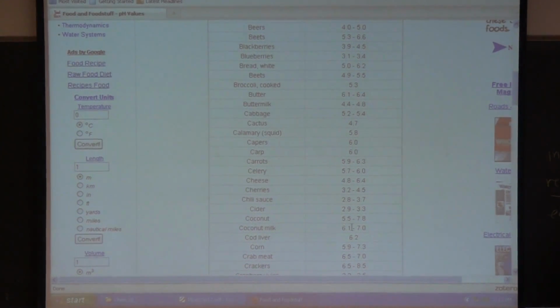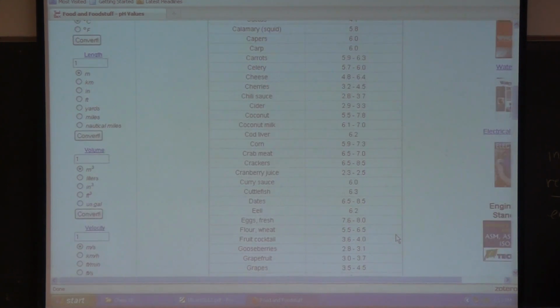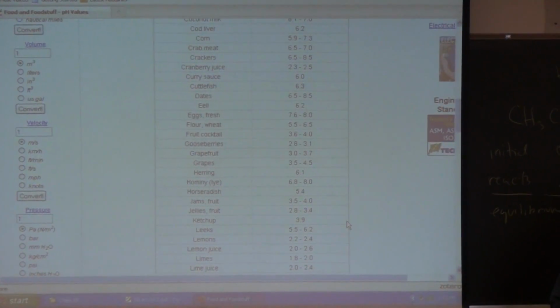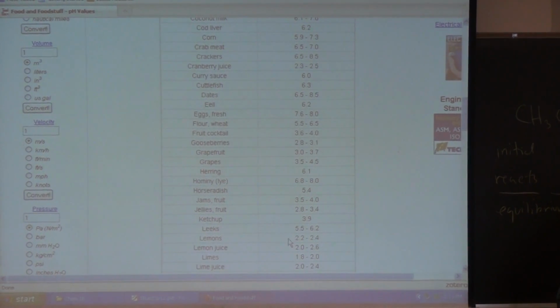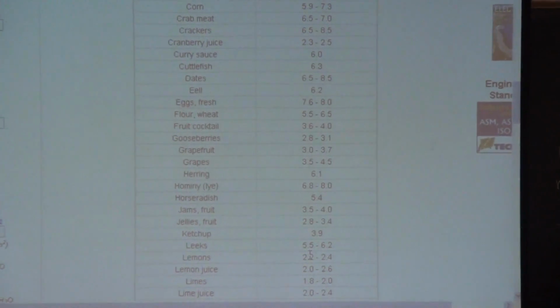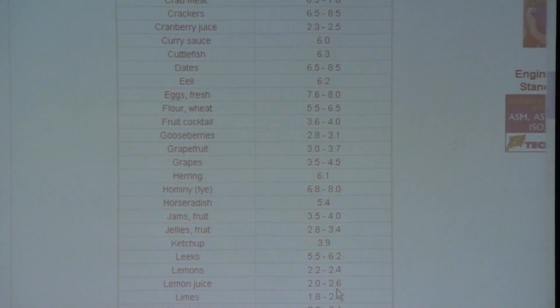Oh, coconut milk. Well, coconut, 5.5 to 7.8. Corn. There you go. Eggs. Fresh eggs. Eel. Okay, so here's lemon. Lemon has a pH of 2.2 to 2.4.